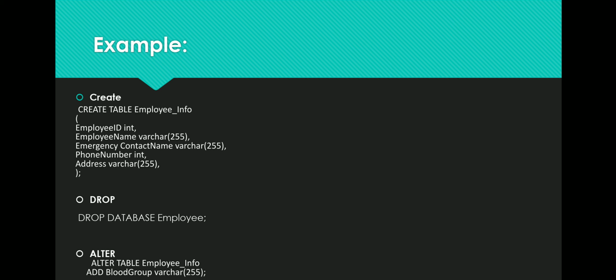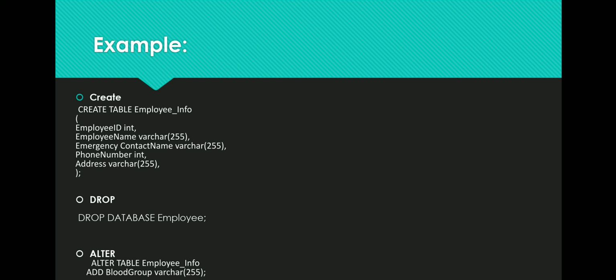Create. Create table is a command given to create a new table. Here employee info is the name of the table. In the brackets, all the attributes, which are columns required by the table, should be provided. Employee ID is the name of the column that is given to the table.